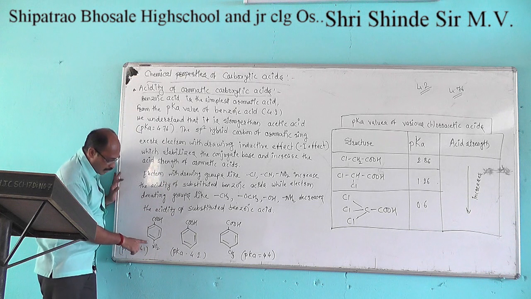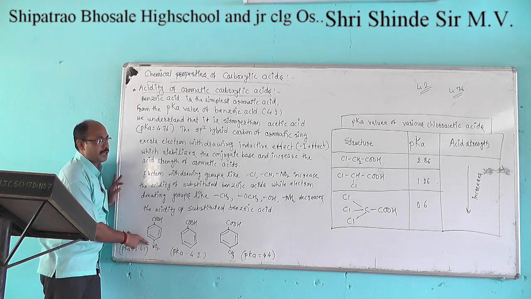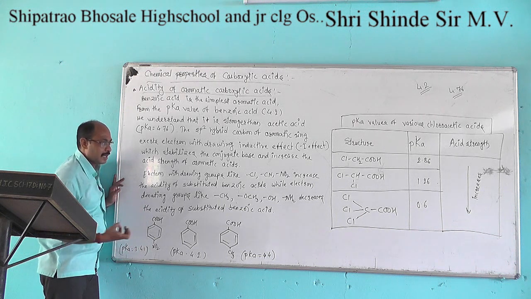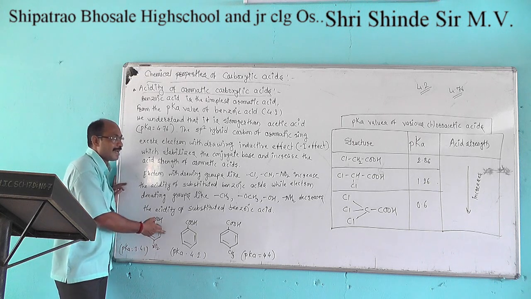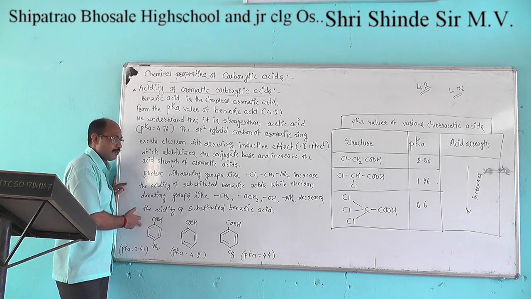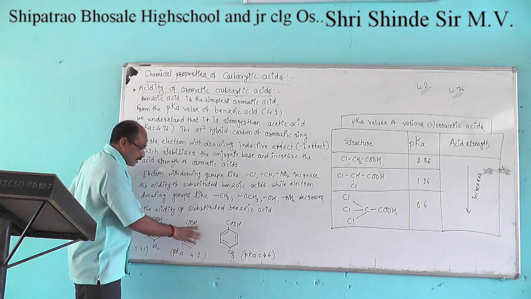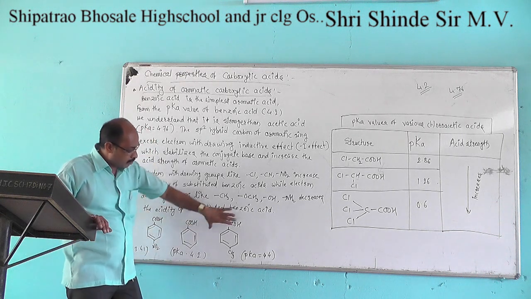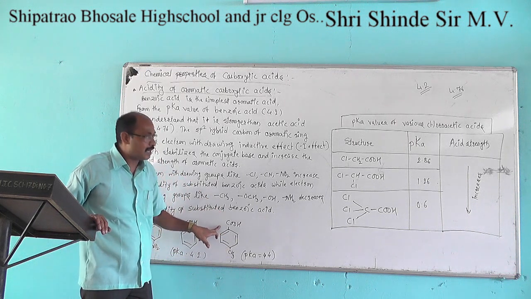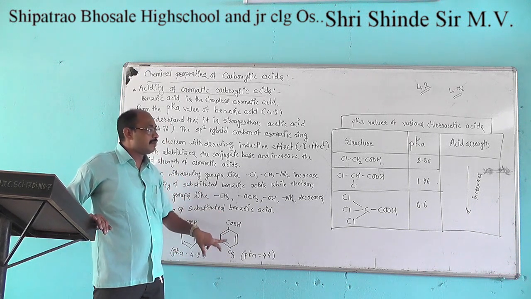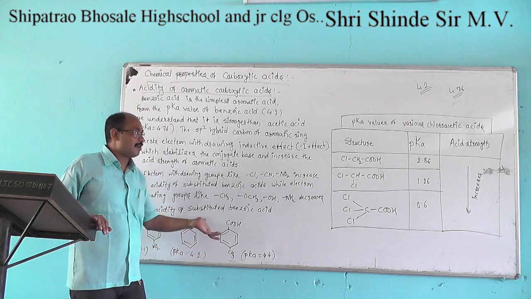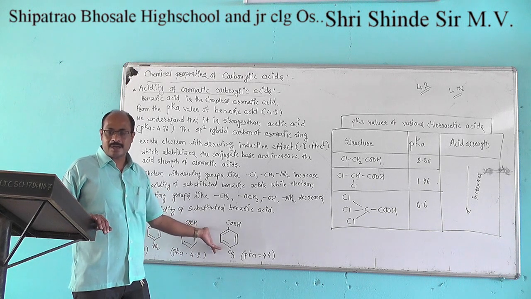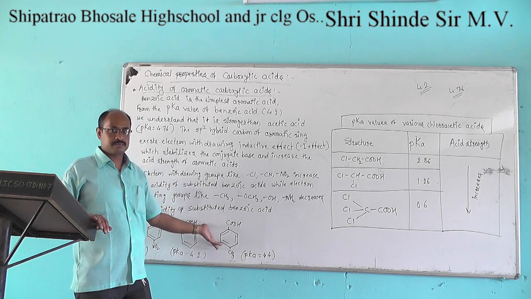It means the presence of a stronger electron withdrawing group on the aromatic ring attracts the electron density, which stabilizes the carboxylate ion of the aromatic acid. When electron donating groups are present, they donate electrons towards the conjugated system, which in turn decreases the acid strength of the corresponding aromatic carboxylic acids.